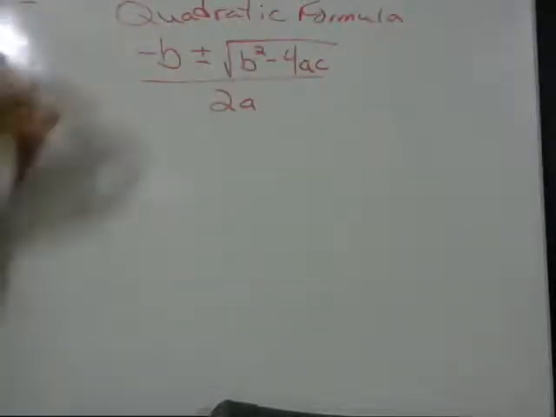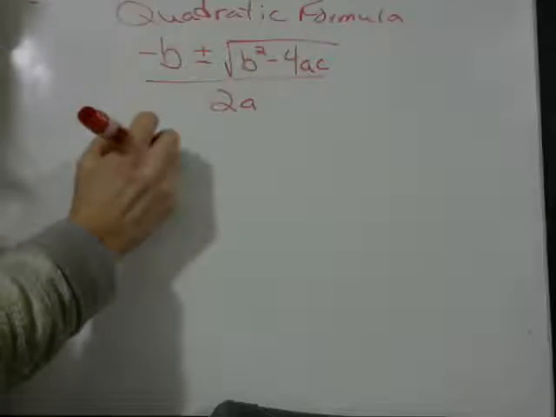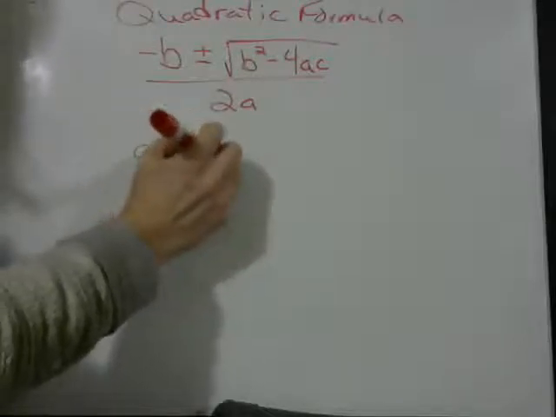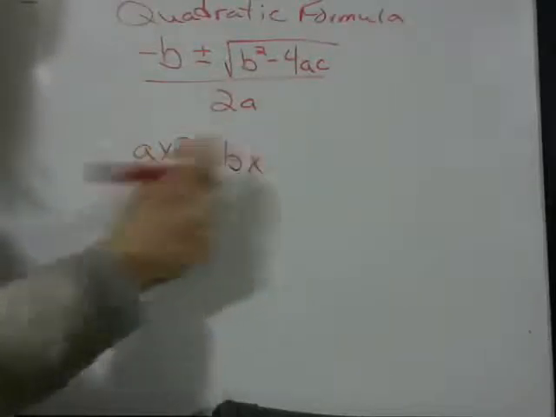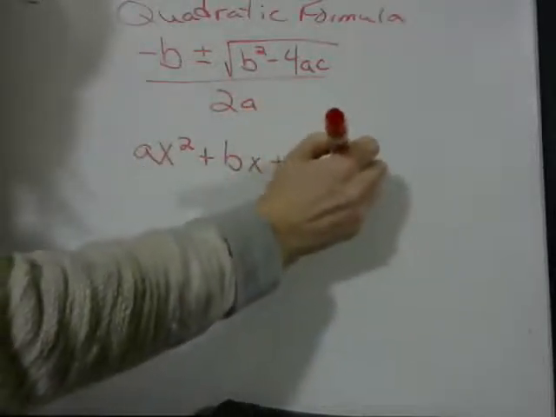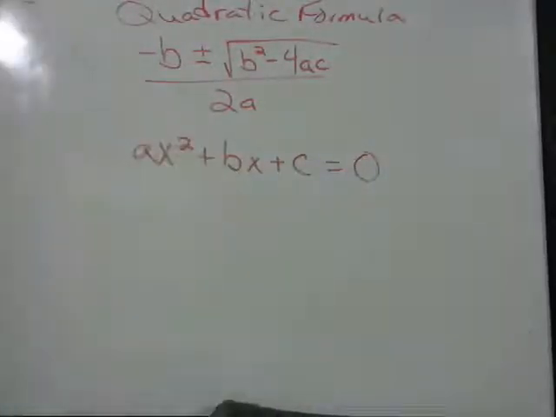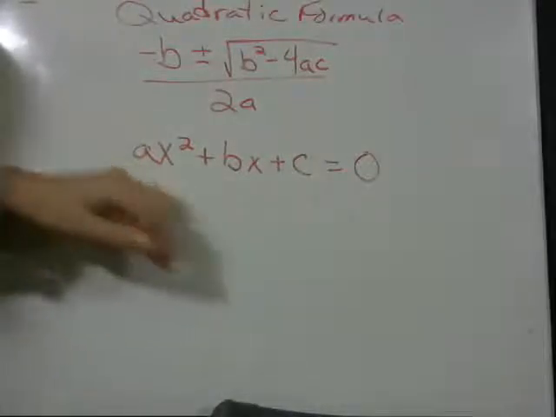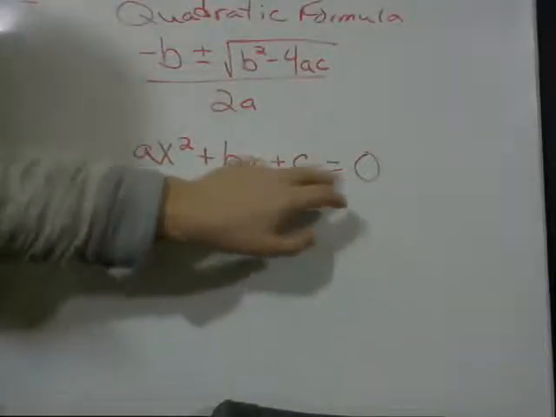Now you might ask, what is b, what is a, what is c, where do these come from? The general form, remember, you're going to have an x squared and you're going to have an x. The equation is going to look something like that. It is most likely going to say equals 0.